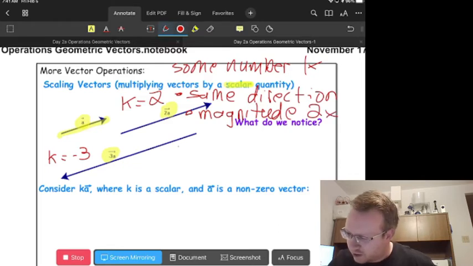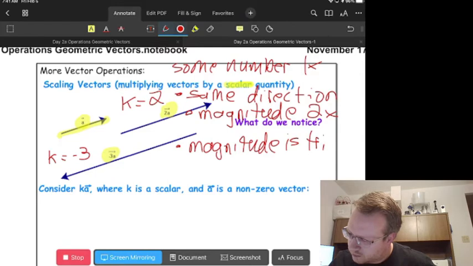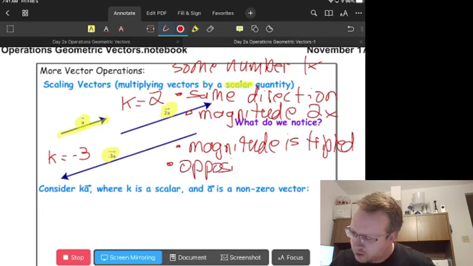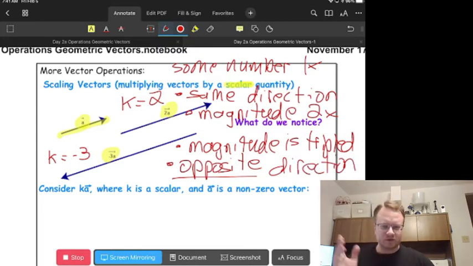And in this case, our magnitude is tripled, and the direction is reversed or opposite direction. So whether the k is positive or negative tells you if the direction is the same or reversed or opposite. Those are only two options. And the magnitude of the k value tells us how much we've scaled the vector by, how much longer, what number we have multiplied by.